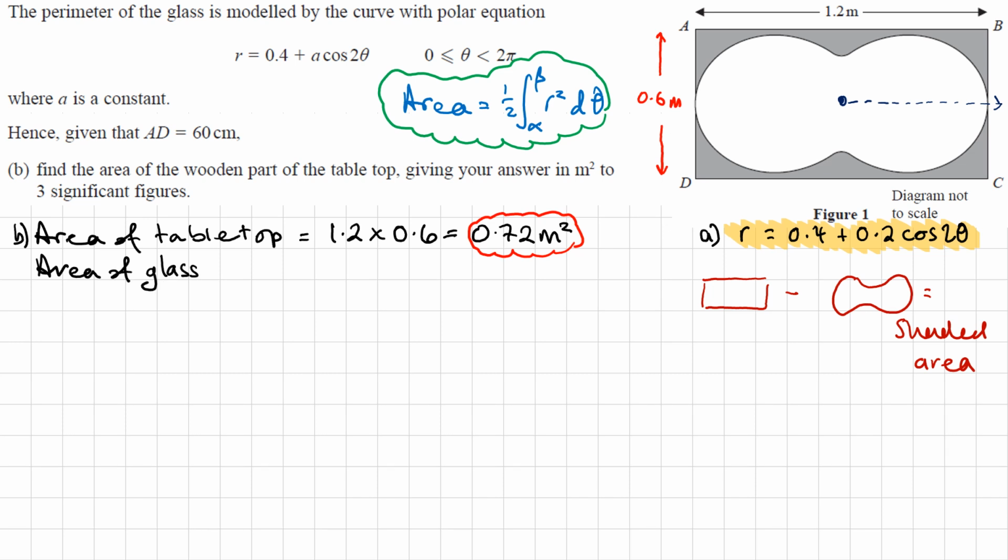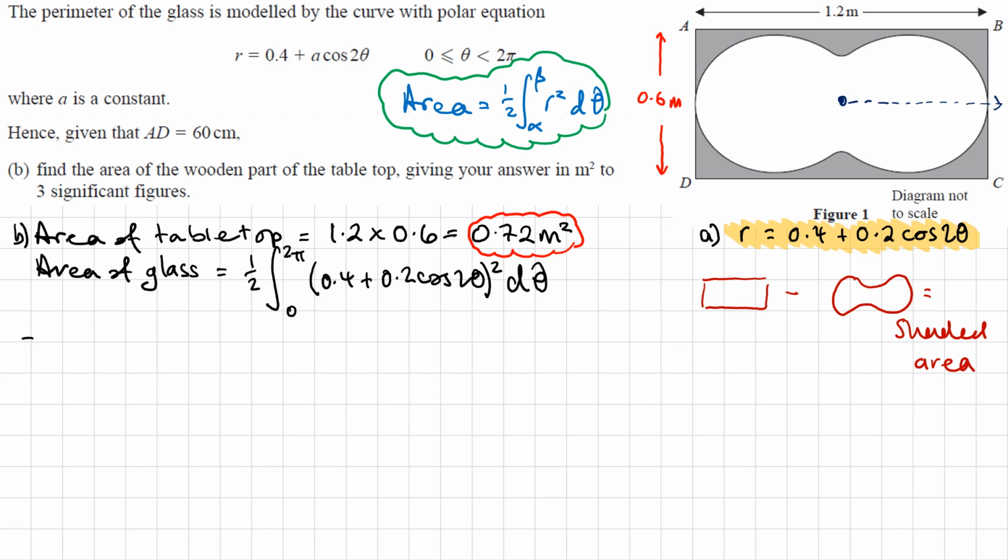So a half, and then limits of 0 to 2 pi, and then r squared, so it needs to be this squared. Now remember from part a we showed that A was 0.2, so it's 0.4 plus 0.2 cos 2 theta, all squared, d theta.